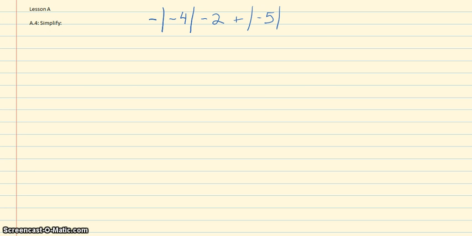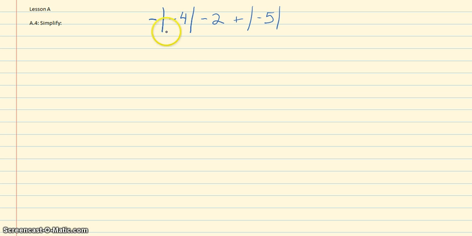Our fourth example in Lesson A has us using absolute values to simplify expressions. This is read the negative absolute value of -4 minus 2 plus the absolute value of -5. First, I'm going to simplify by using the absolute value symbols.